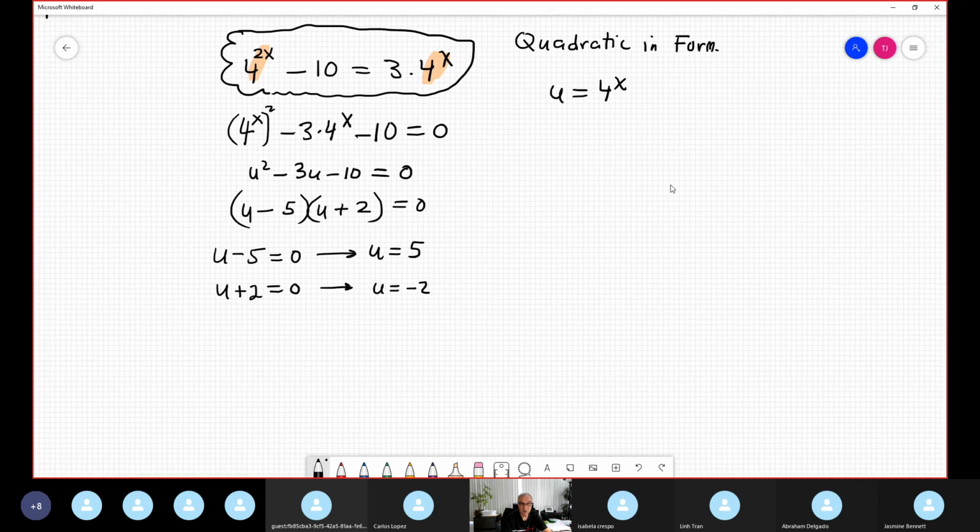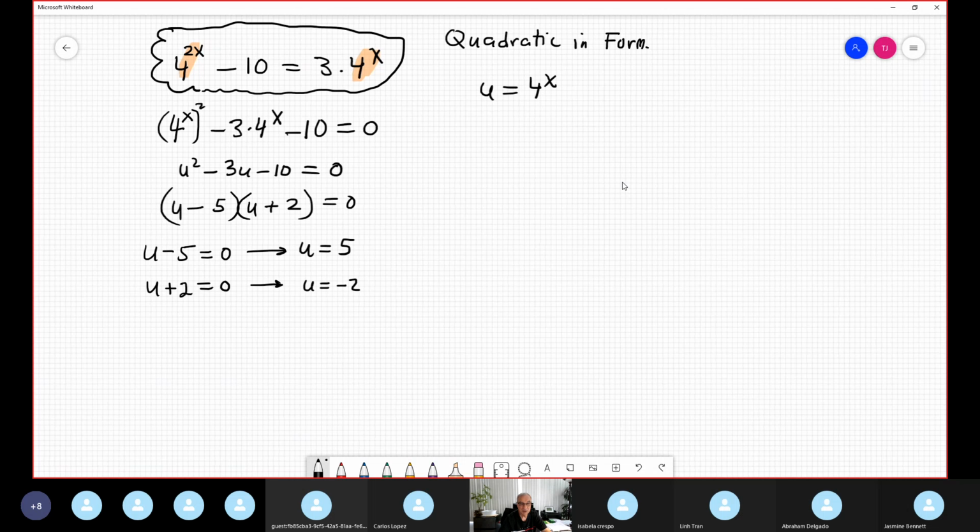So actually, we convert this equation into two exponential equations using 5 and negative 2. 4 to the x is equal to 5. And likewise, 4 to the x equal to minus 2. Right? Oh, it's easy. This is the traditional exponential equation that we solve using logarithm. Okay, what kind?